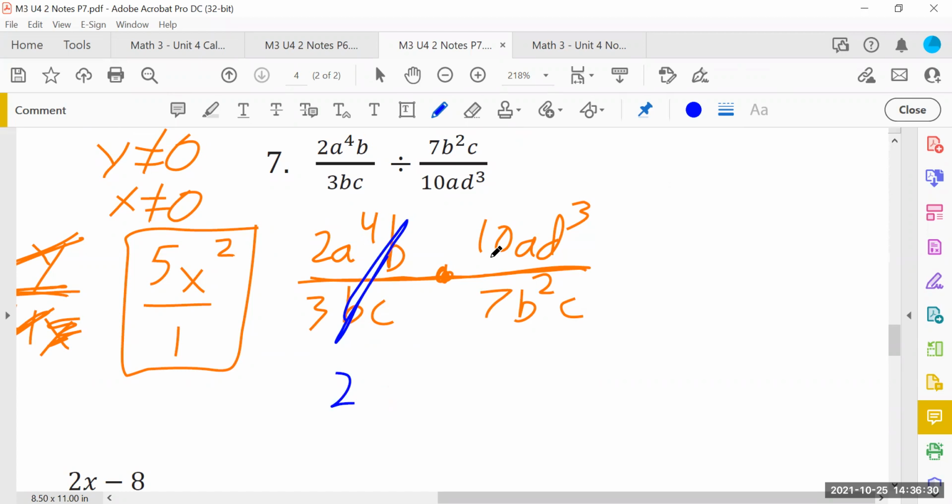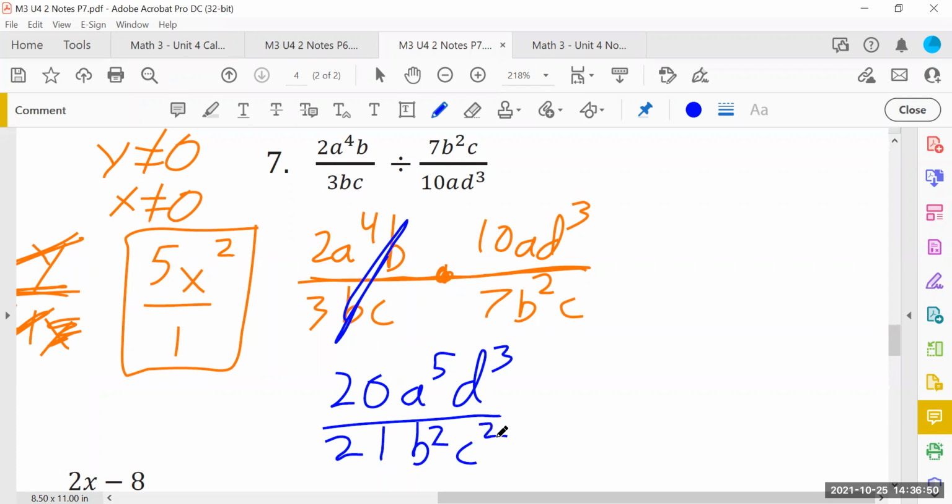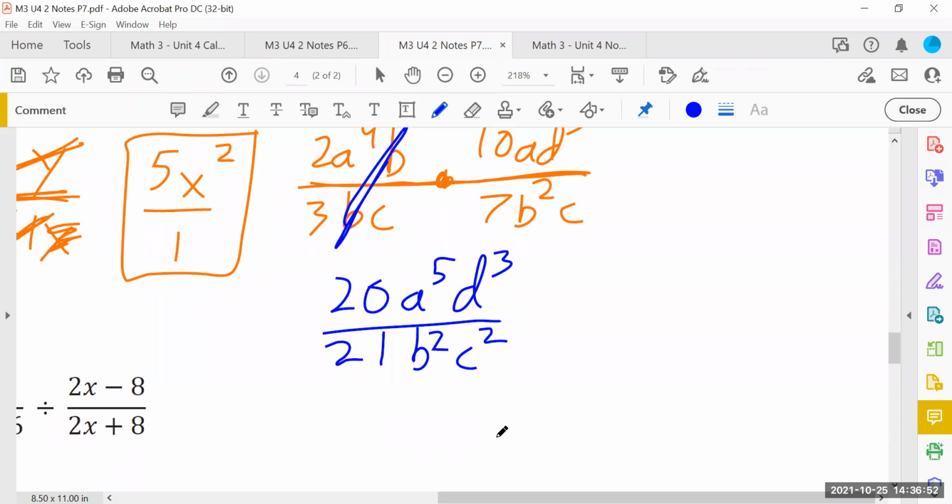Sorry, no. 2 times 10 is 20. A to the 4th times a is a to the 5th. D to the 3rd. 3 times 7 is 21. B squared. C times c is c squared. 20 a to the 5th, d to the 3rd, over 21 b squared c squared.